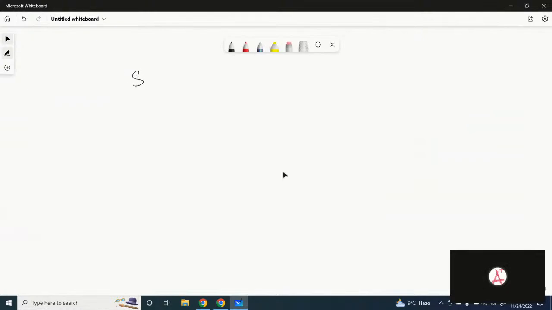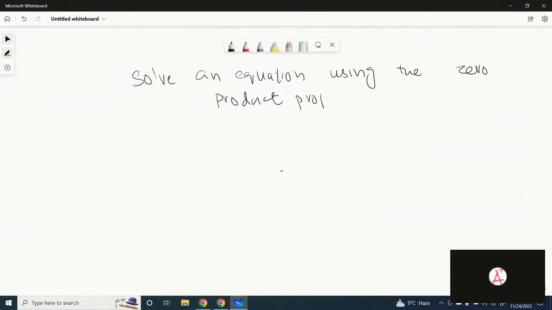Solve an equation using the zero product property. What is the zero product property? First, we're going to learn.